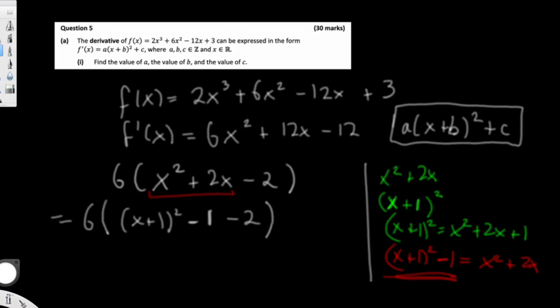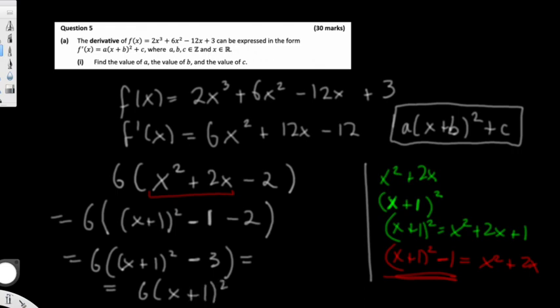And now I put those two together, I get 6 times x plus 1 all squared minus 3, and try not to lose track of brackets. And then this will be 6 times x plus 1 all squared minus 18. And we're done. So this would be my a here, this would be my b, and this is my c. So a is equal to 6, b is equal to 1, and c is equal to minus 18.